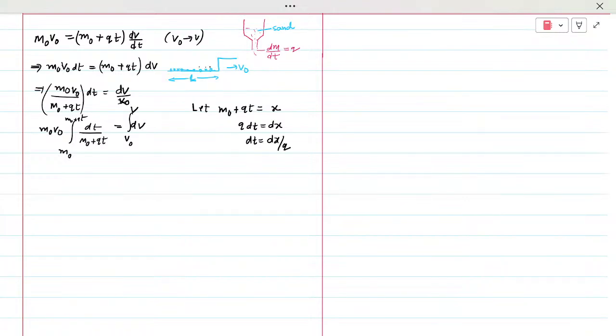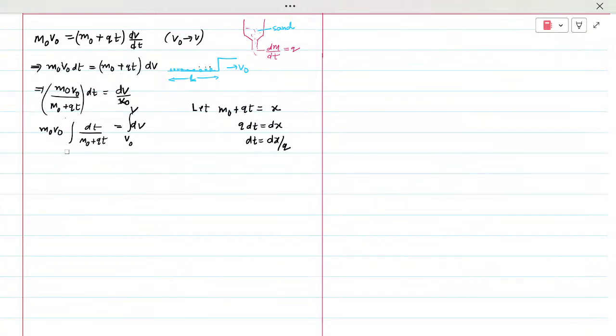The limits are t equal to 0 to t; the integration is in terms of t.